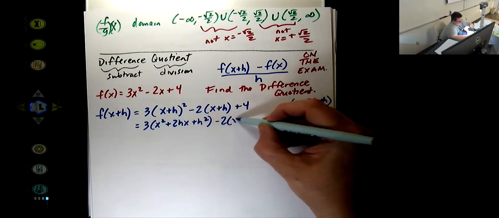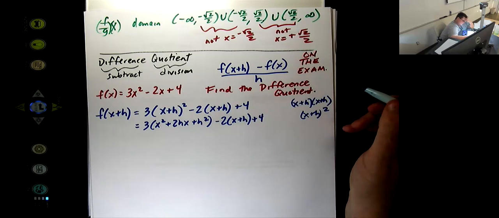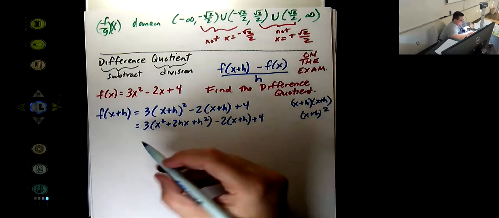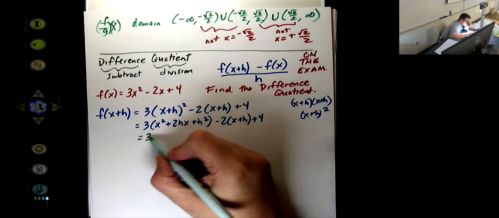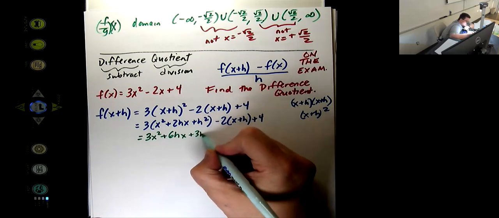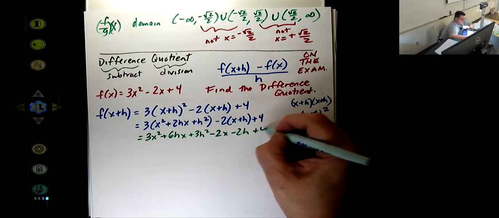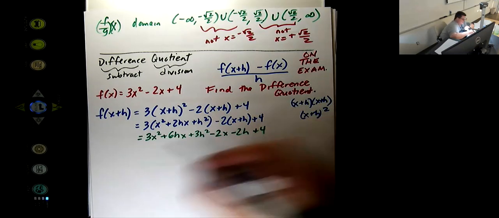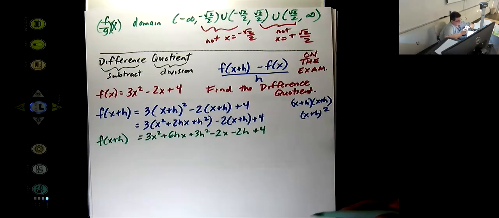And I'm gonna leave the rest the same for now. Just dealt with the square on that line. Then we'll distribute. So that's f of x plus h.